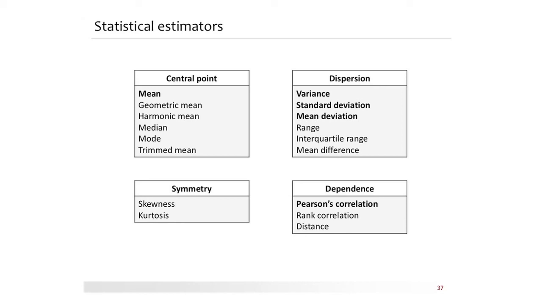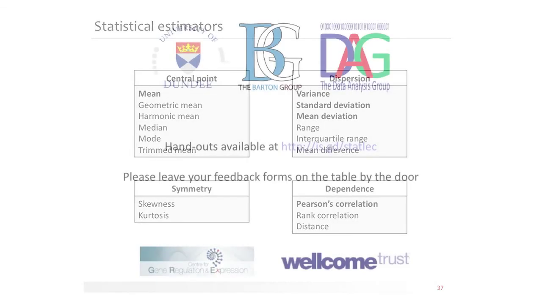You can estimate symmetry of your data, skewness, kurtosis, how symmetric the shape of a distribution is, and dependence for pairs of data, or even multiple data sets, correlation or distance, various types of distances. That's just a small selection of possible estimators. Each of them estimates something general, something unknown in the population.